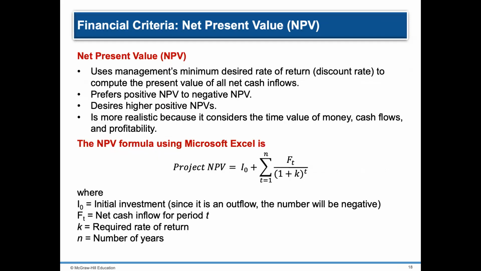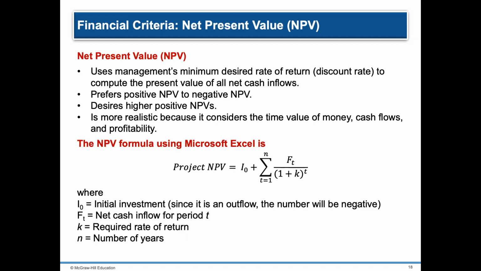Now, what about the net present value model? The net present value model uses management's minimum desired rate of return, or the discount rate, to compute the present value of all net cash inflows. Based on this model, the management leans towards positive NPV.